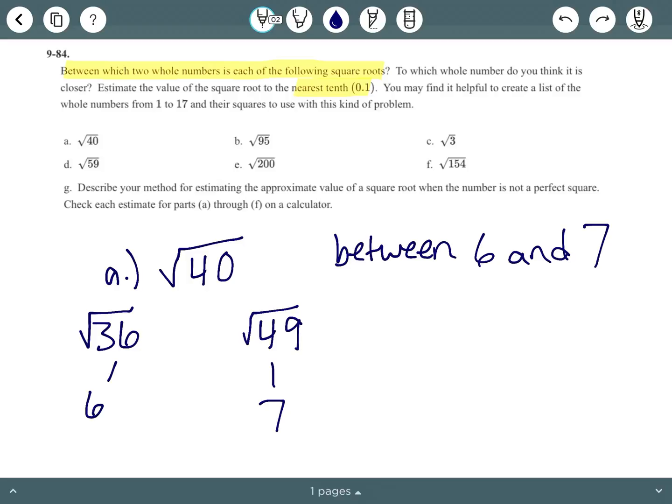So it is a little bit closer to that 36. So I'm going to say that it is about 6.4. And again, you do want to make sure that you have all of this written down on your paper as well.